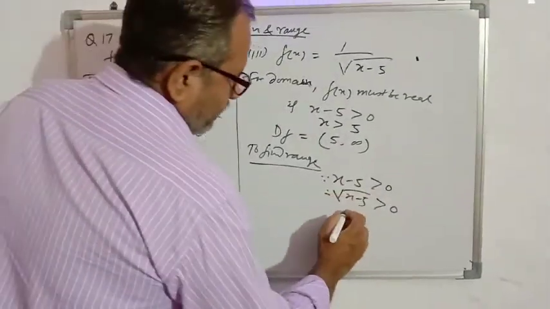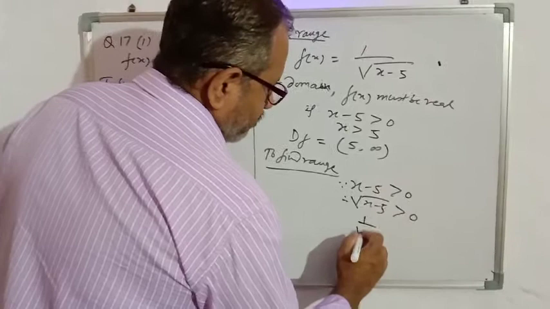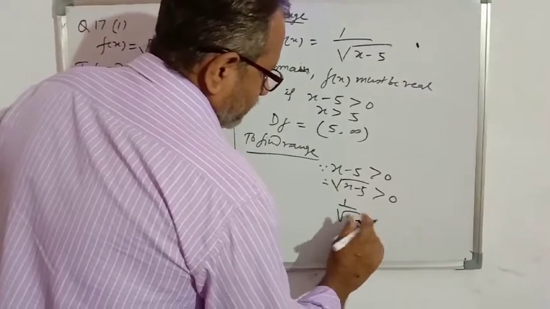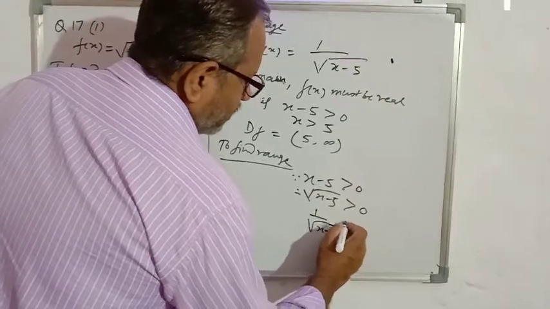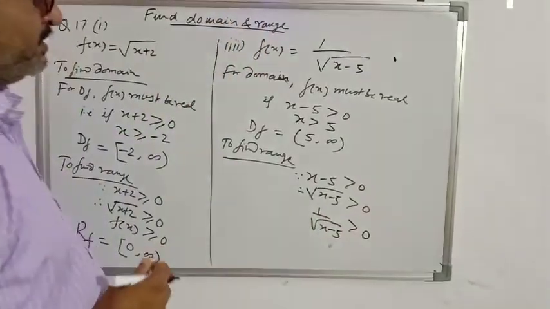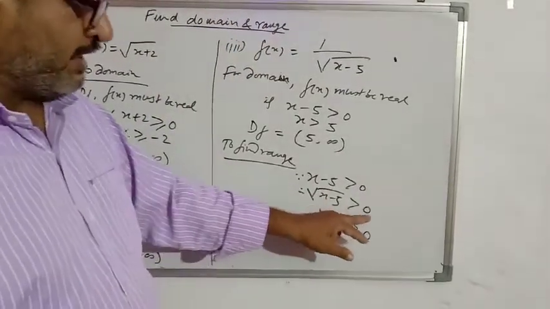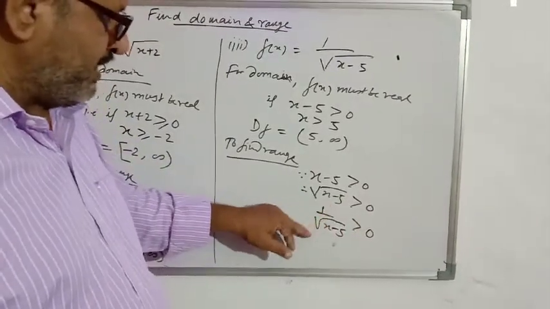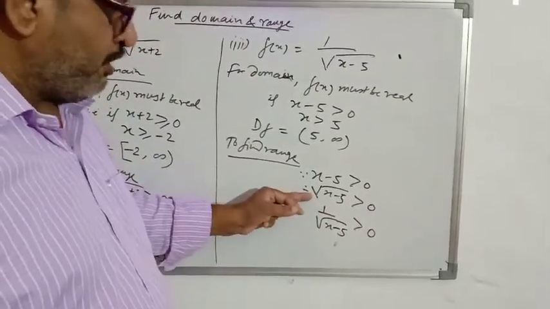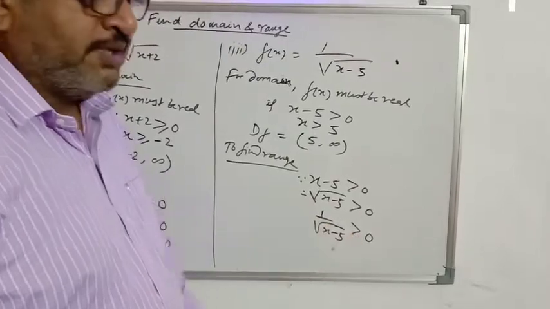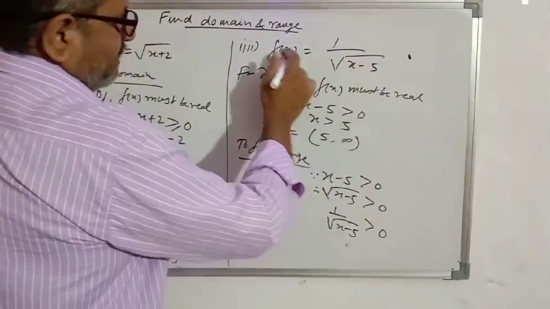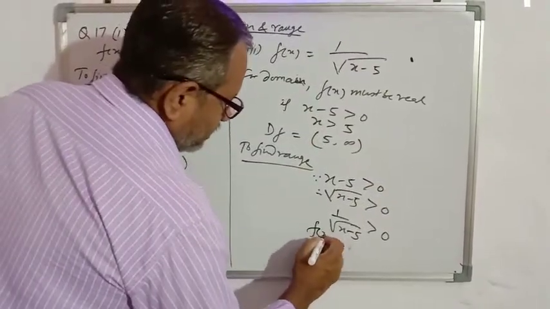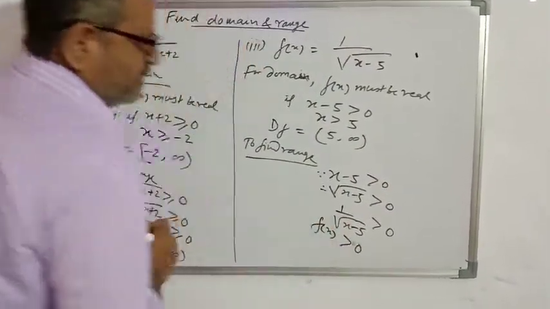So the reciprocal of a positive real number is again positive. If we take the reciprocal of a positive number, it will again be greater than 0. 1 by root x minus 5 is f(x), so f(x) is greater than 0.